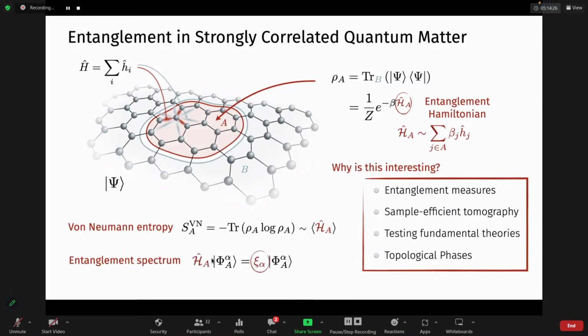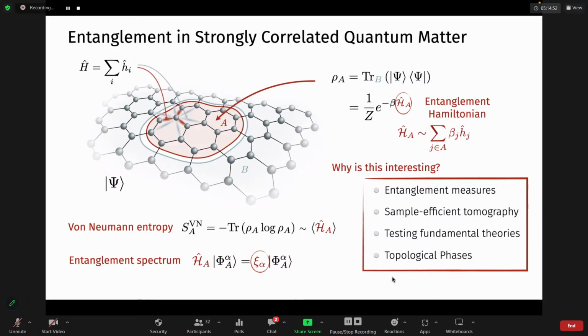And the fourth point, which I will not talk about today because of time reasons, is that if you have the entanglement Hamiltonian, you maybe have ways to probe its spectrum. And this you can use to characterize topological phases, because it turns out that there is a one-to-one correspondence between this so-called entanglement spectrum and the spectrum of edge excitations in a topological phase.